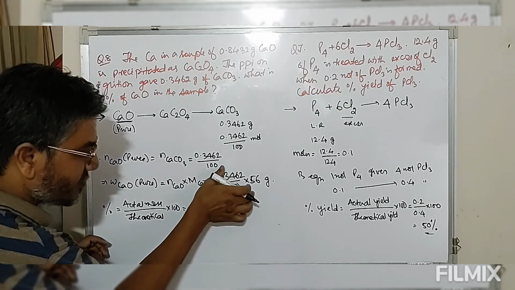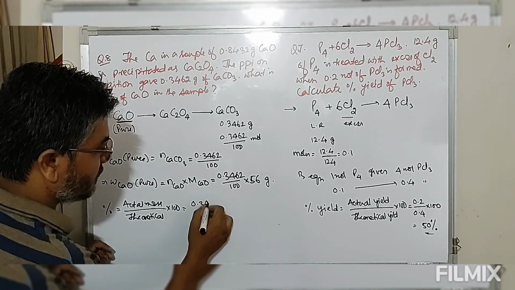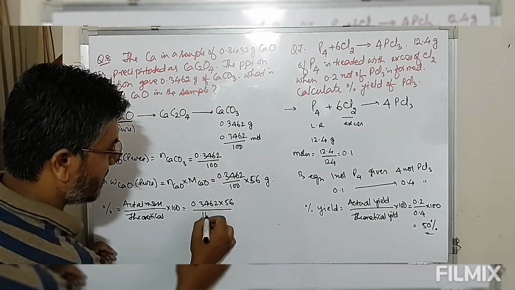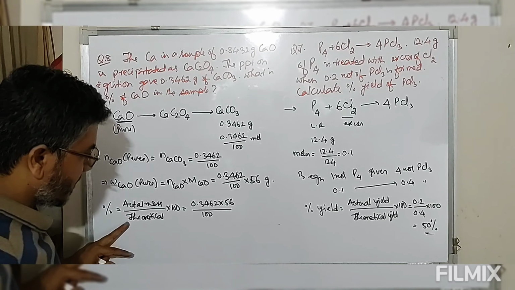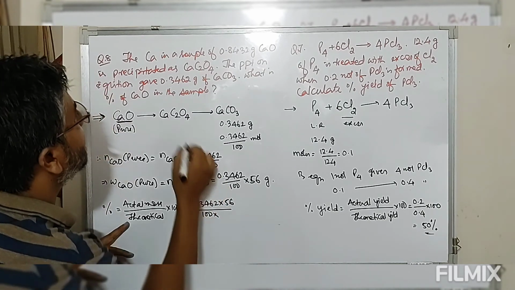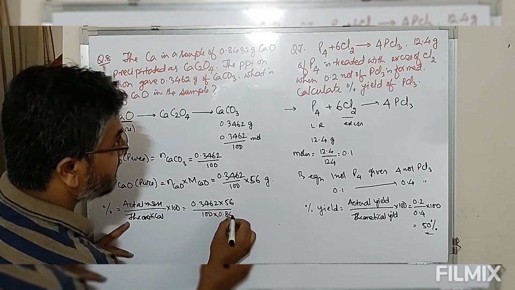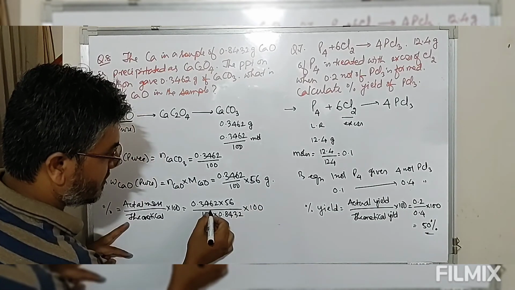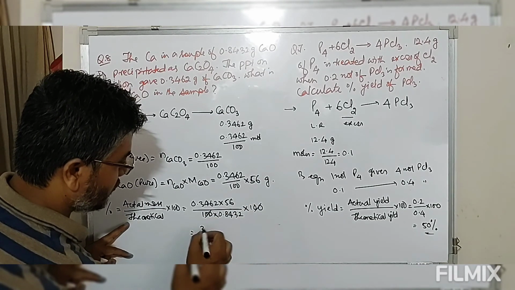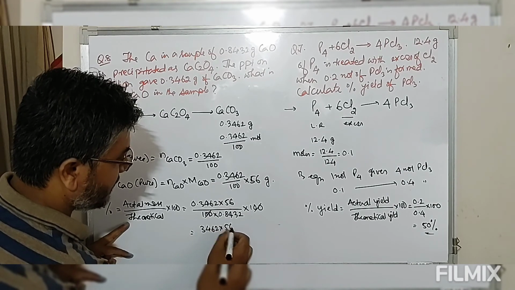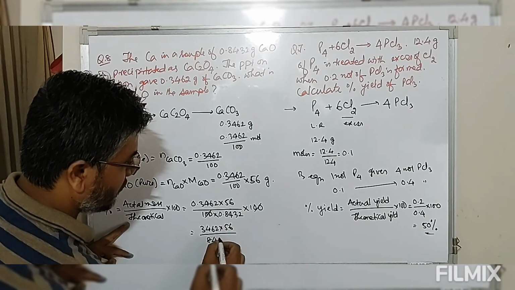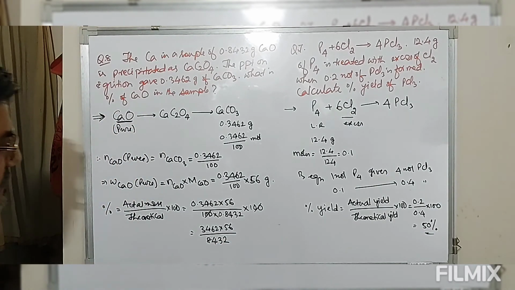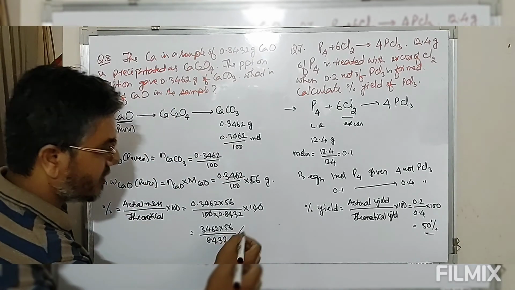Actual mass is the pure one, 0.3462 into 56 divided by 100, divided by theoretical, which is 0.8432, into 100. This cancels out, so this comes out to be 3462 into 56 divided by 8432. So this is the percentage of calcium oxide in the sample.